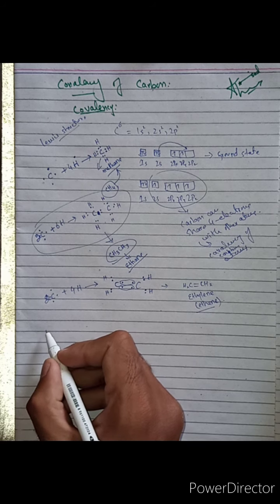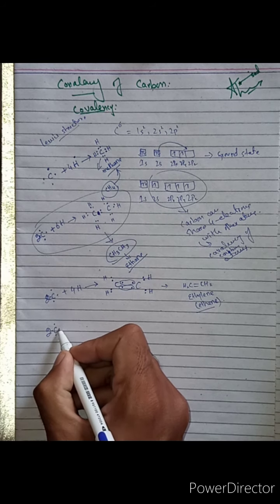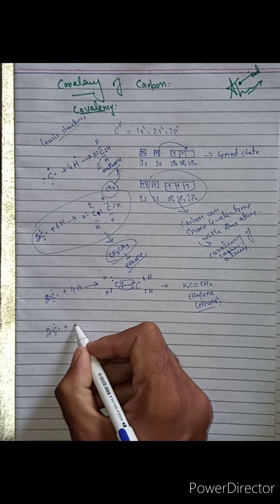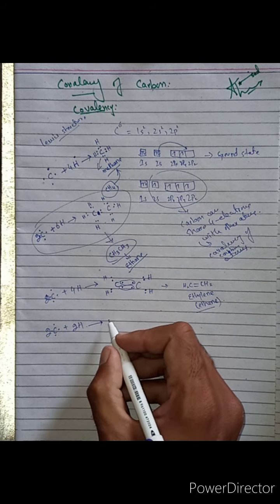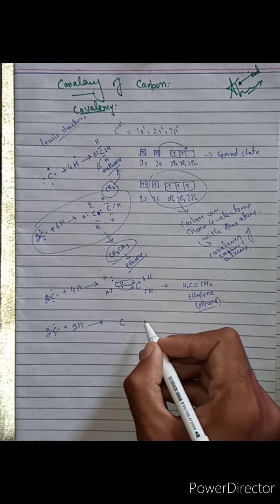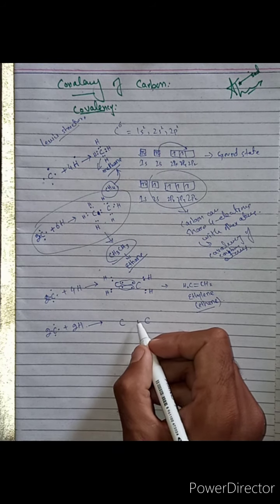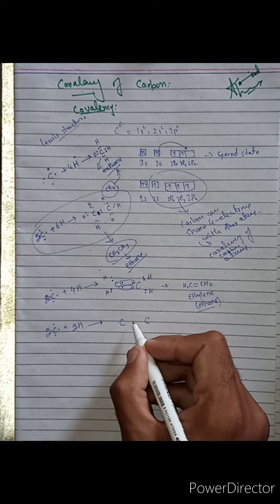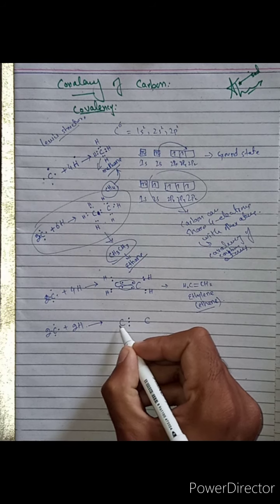Now I am going to another example. In case we add two hydrogen to two carbon, then what will happen? Here are two carbons, and they will bond with three covalent bonds. Here is one electron of this carbon, another electron of this carbon, and another one.